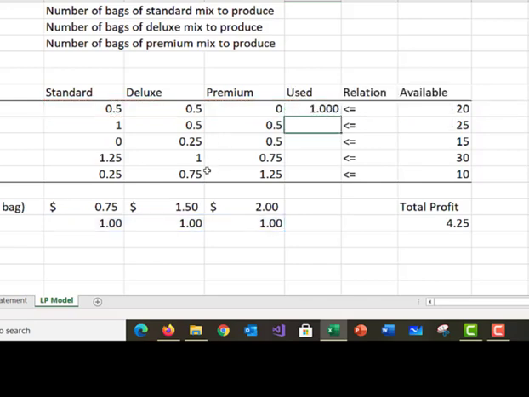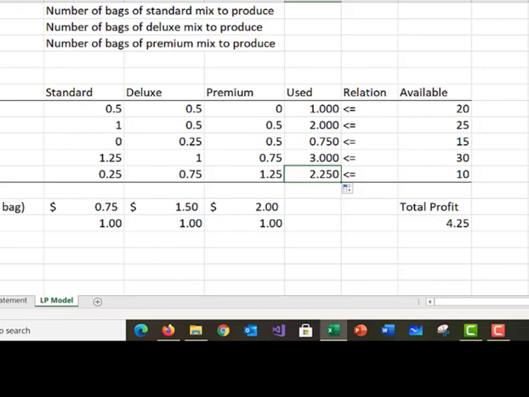You can see that 1 multiplied to 0.5 plus 1 multiplied to 0.5 is 1. Because I used the absolute cell reference, I can now copy this formula all the way down, and that gives me the amount of ingredient used of the second ingredient, third ingredient, fourth ingredient.